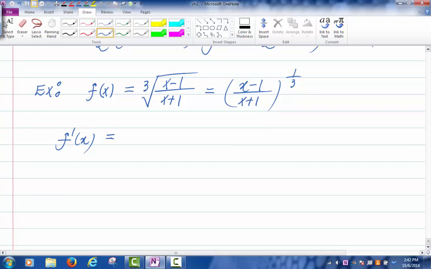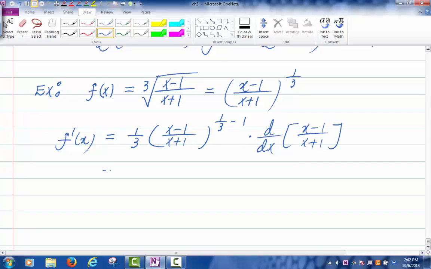The derivative is given by, you wish that fraction was just x, so you take 1/3 that fraction to the 1/3 minus 1. Assuming that fraction was just x, this would be the derivative, and then you multiply by the derivative of the quantity that you wished was x. So you take the derivative of the quantity you wished was x, and in that case you have to apply the quotient rule.